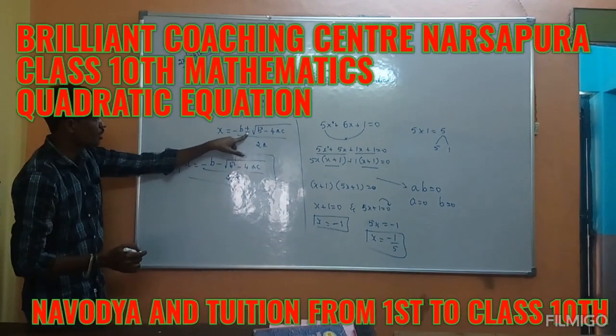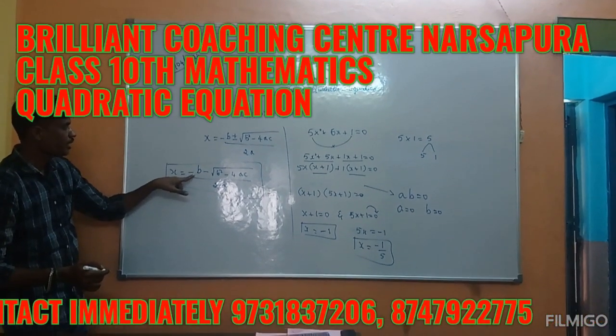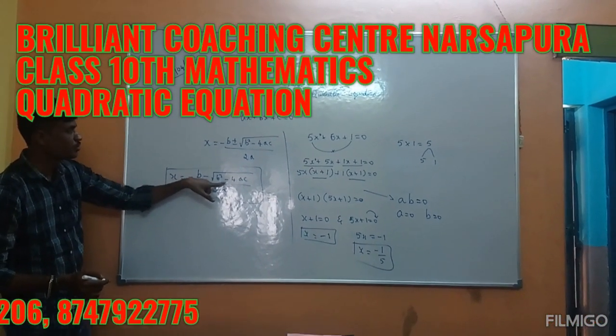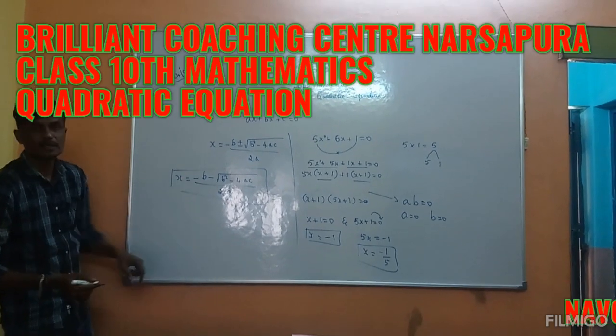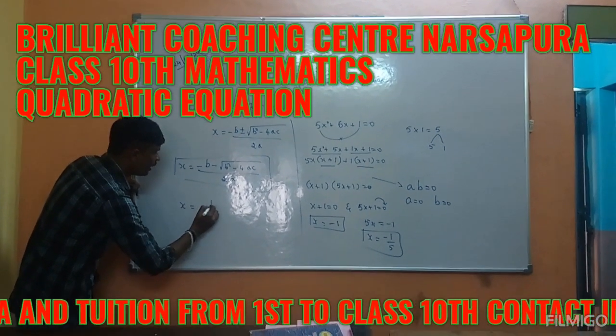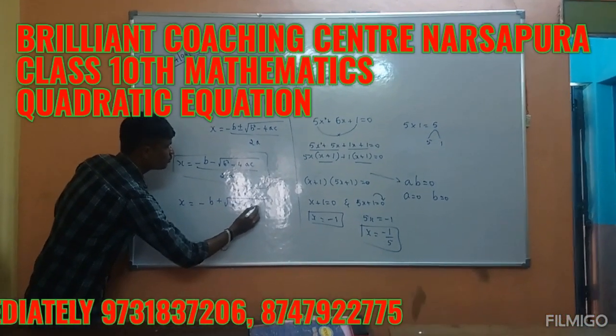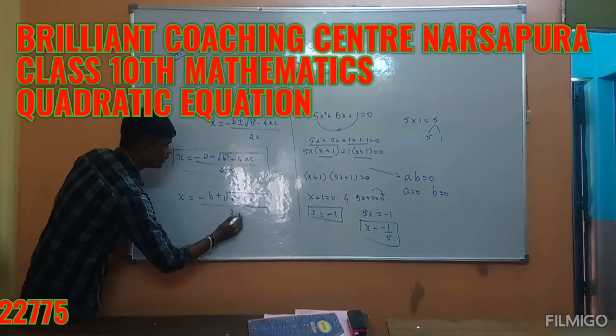Here plus or minus will be there, and I am taking the first one as minus. Another root is x is equal to minus b plus square root of b square minus 4ac, that whole divided by 2a.